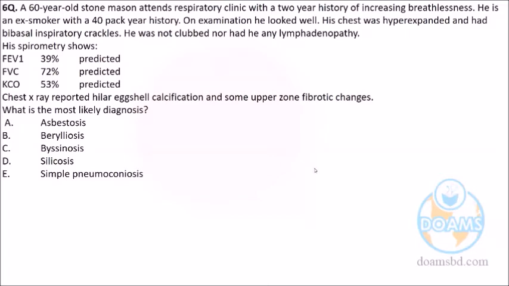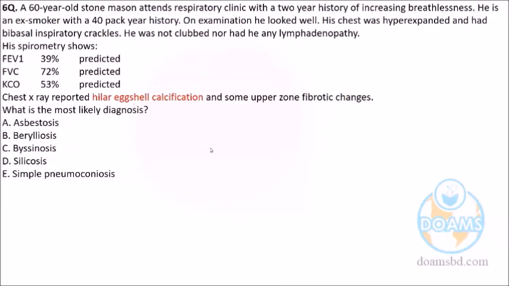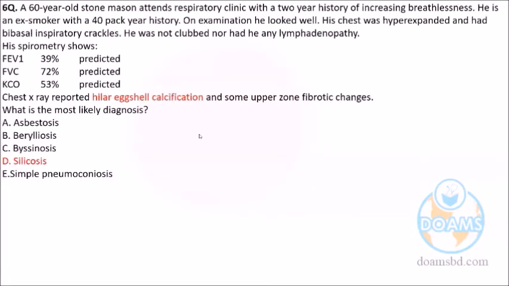Any other opinion from other colleagues, please? His profession is a miner, so he is more exposed to silicon dust. Okay, silicon is there, no problem, but the game changer here is eggshell calcification. So this is silicosis.